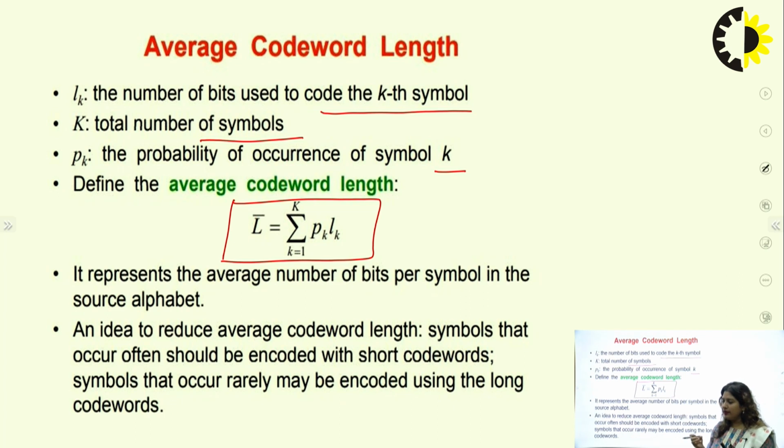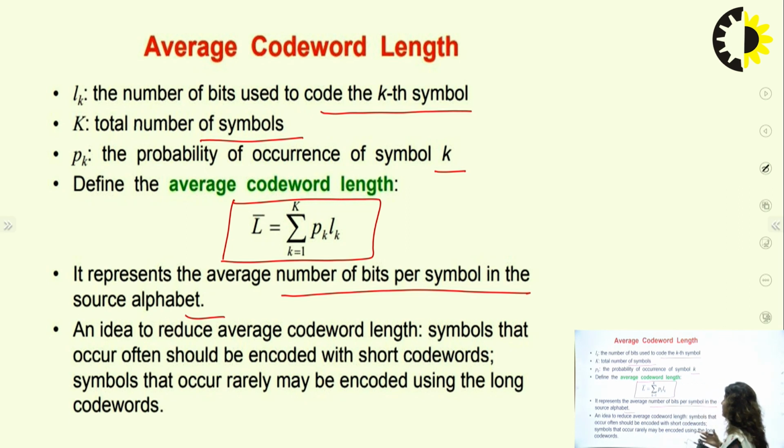Lk is the number of bits we will find with the help of coding techniques, either Huffman or Shannon-Fano. Multiplying these bit lengths by the probabilities of occurrence and summing over all symbols, we find the average code word length. It represents the average number of bits per symbol in the source alphabet.